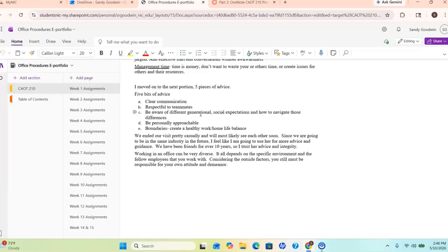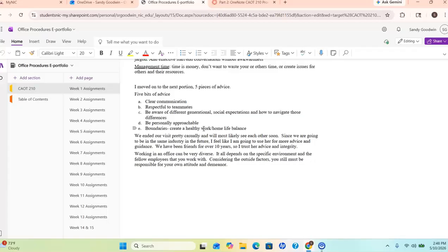In her office, there are generational differences, with older ladies and younger ladies in the office, so it's good to know how to navigate that. Be approachable and create healthy work boundaries. That helps because you don't want to bring your work home with you.